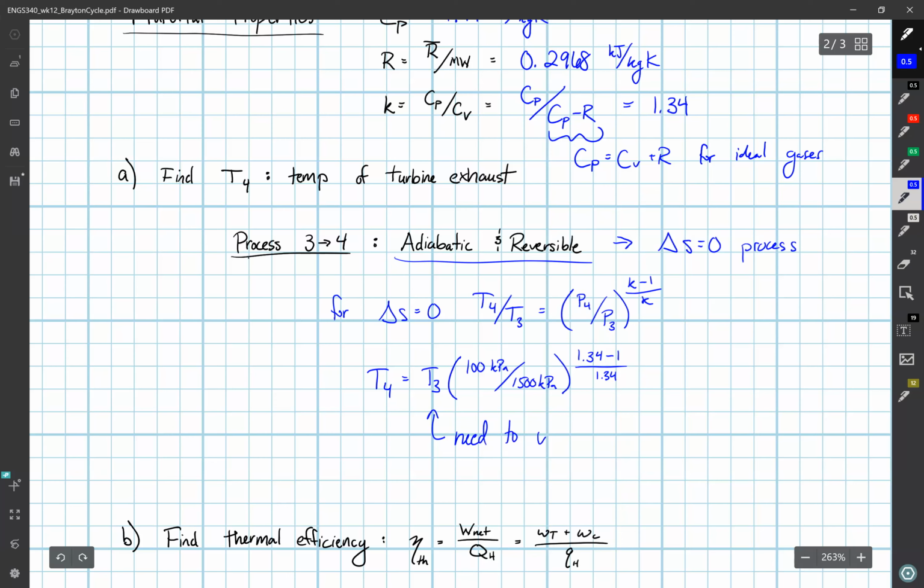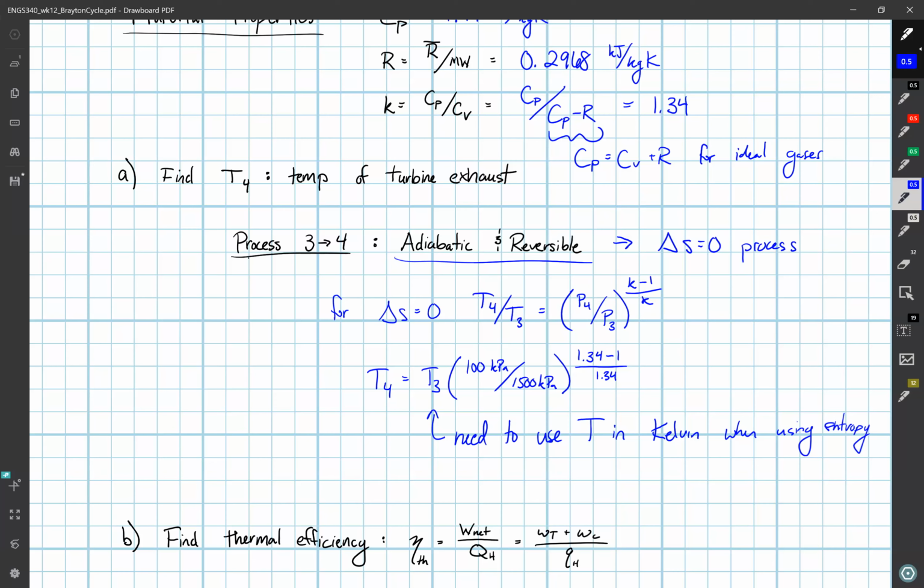Just a note, we need to use T in Kelvin when using entropy. This is an important note: if we're using an equation that came from delta S, we have to use our temperature in Kelvin.